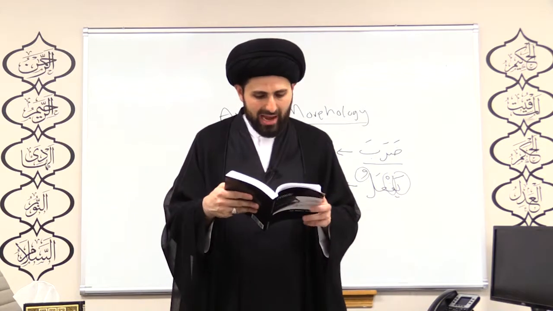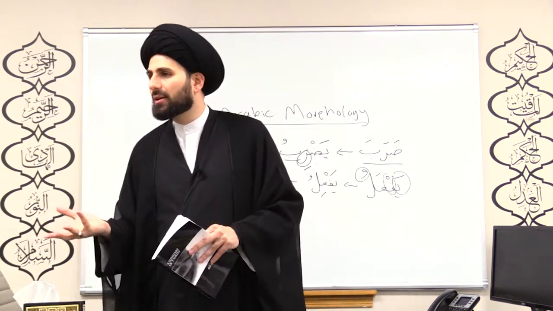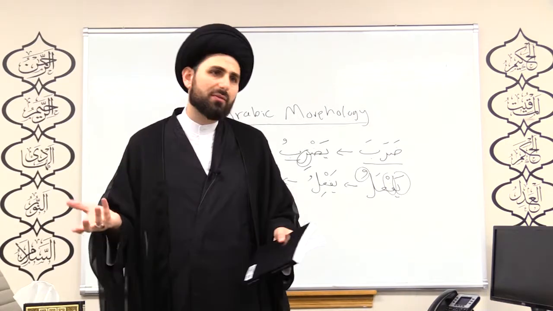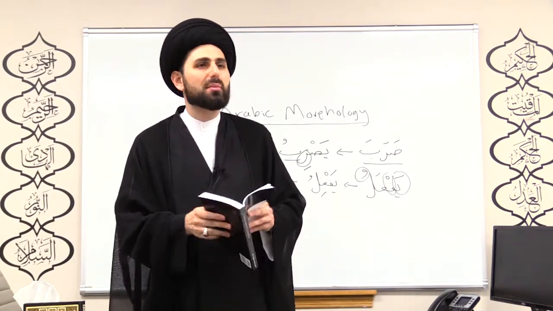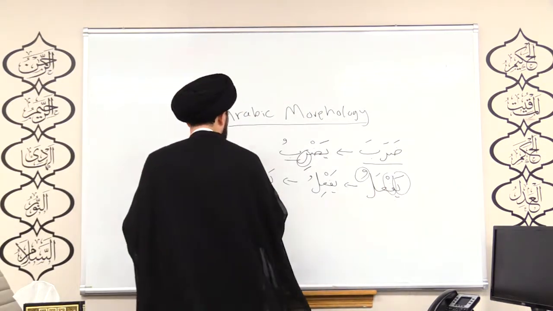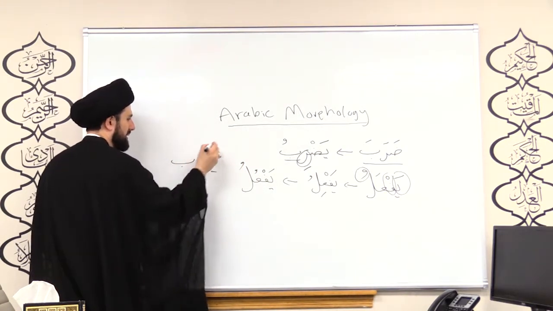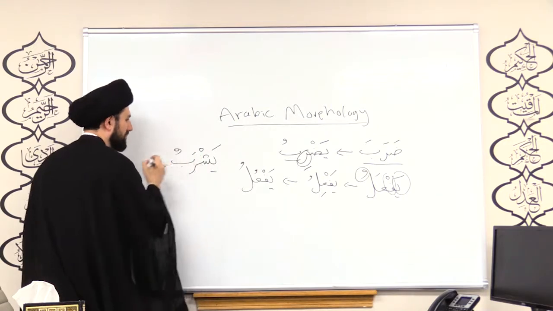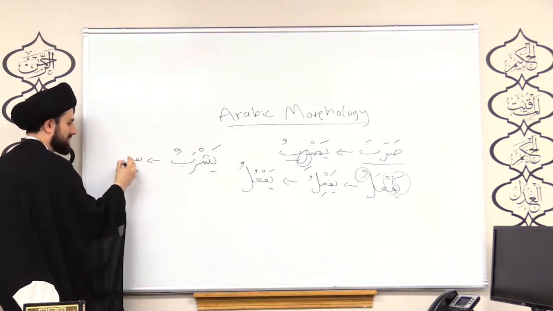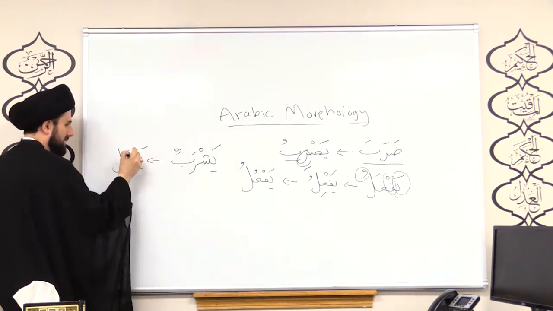We have how many? 6. 3 of them are masculine and 3 are feminine. What are the masculine ones? Yaf'alu. That's the template. Which is yashrabu, for example. Yashrabu. The template is yaf'alu.